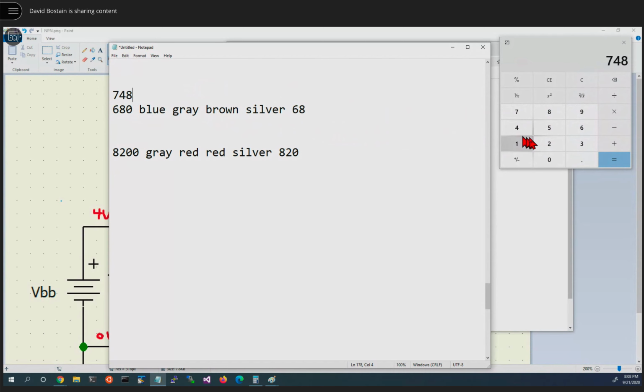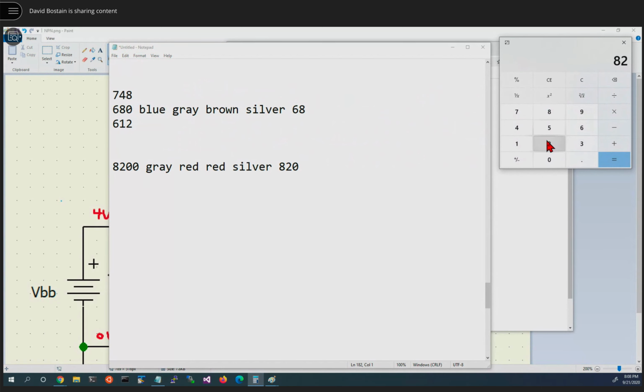In the other direction, 612. Okay, let's go down here. This could be 8200 plus 820, which is 9020. And it could be 8200 minus 820, which is 7380.